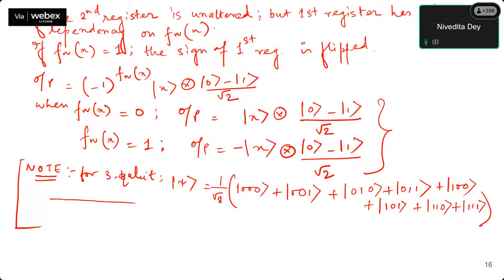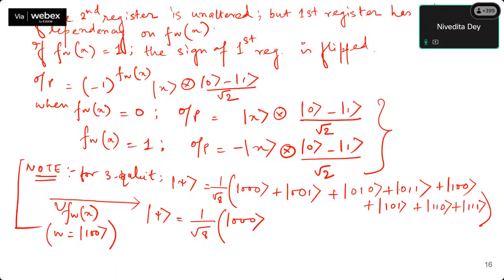Now, where we are heading towards is the needle in the haystack function, and my oracle on that will make it a superposed form itself. What will it make? 1 over root 8 is the magnitude, and then say my search item w is, for example, 100. That is 4, the index value that I should be returning as an output. These are all the x, so this is the input register I was talking about. So the target will look like all the other values having a positive amplitude except for this one.